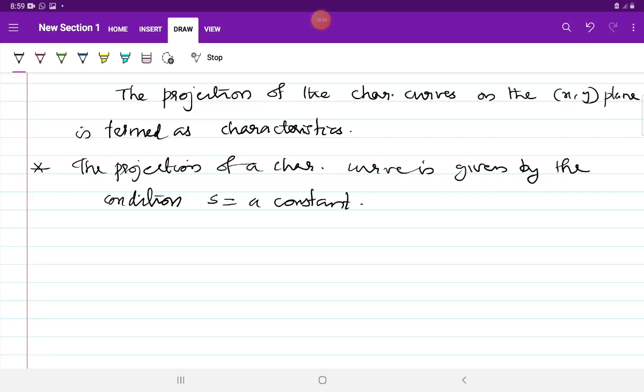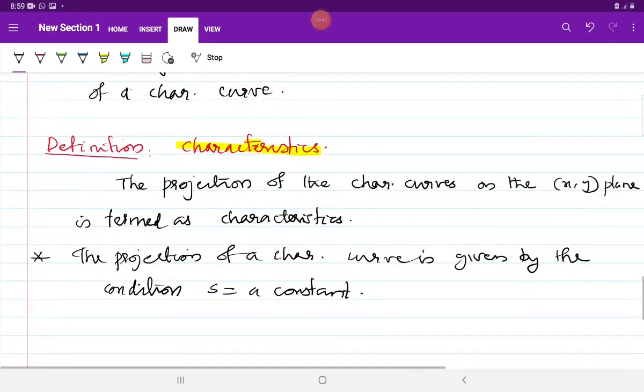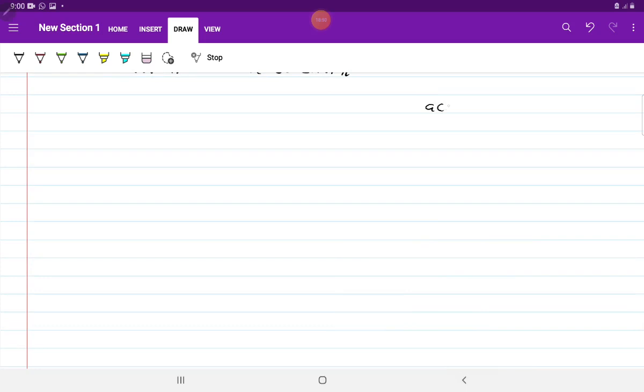Now an alternate method is valid whenever the PDE is linear. Whenever the given PDE is linear, it will be of the form a of x,y u_x plus b of x,y u_y equal to some function c of x,y into u.